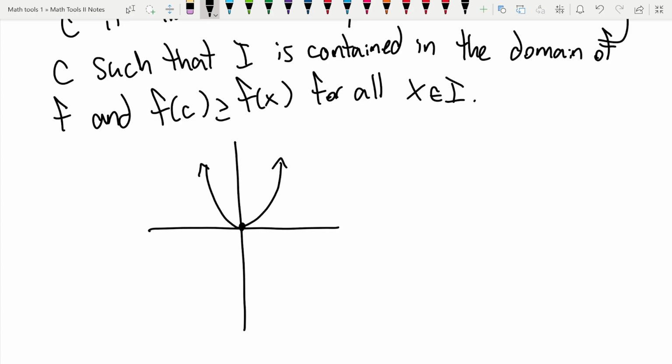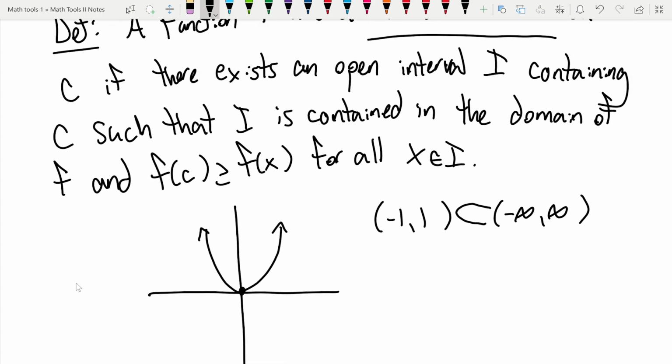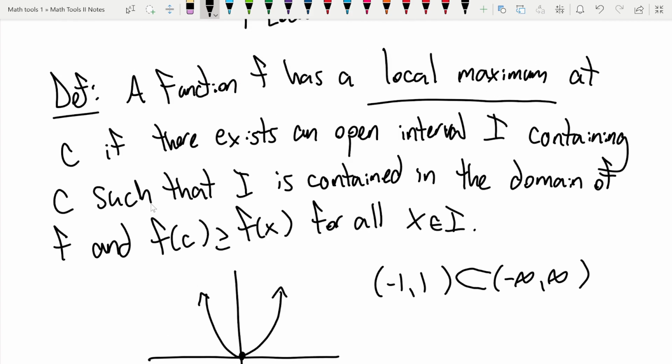So if we look at this point (0, 0), we can make an open interval around that point, like say just from -1 to 1. And -1 to 1 is in the domain of x squared, which we'd say is negative infinity to infinity. This is supposed to be like a sideways U, which is how we say that sets are contained in other sets.